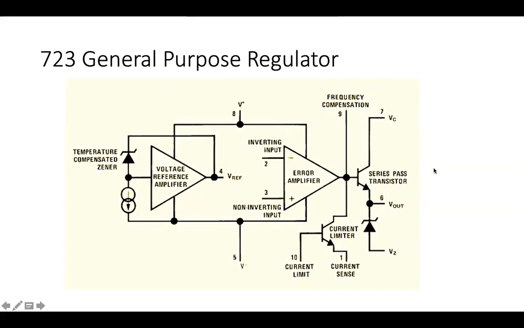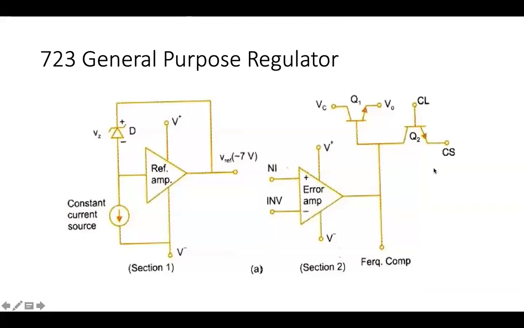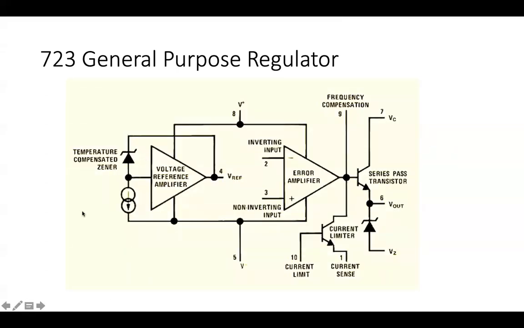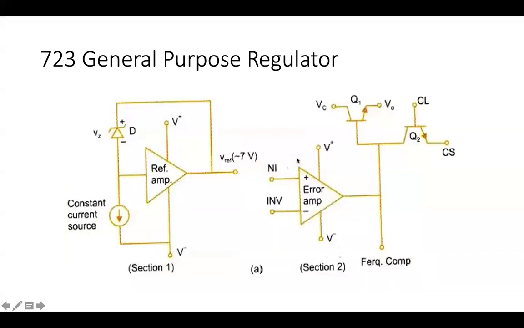We will see now how it actually functions. So this is the internal structure, where the reference amplifier, I'm talking about this here, and here we have the error amplifier. So this is the reference and this is the error amplifier.